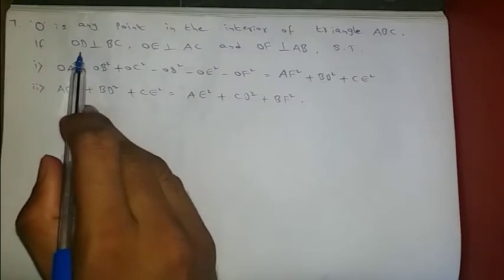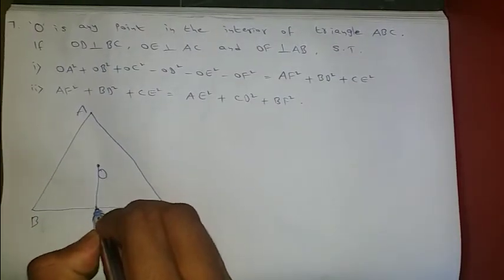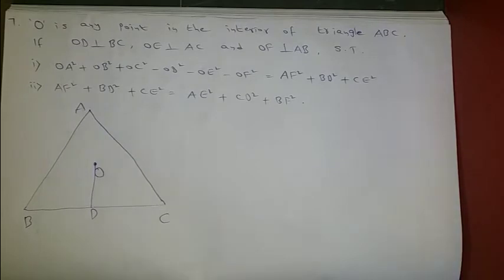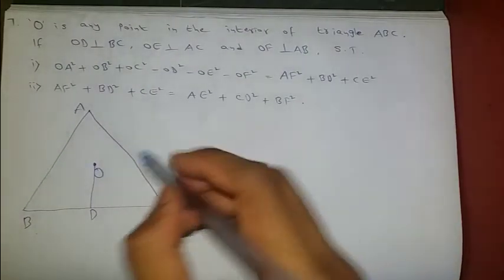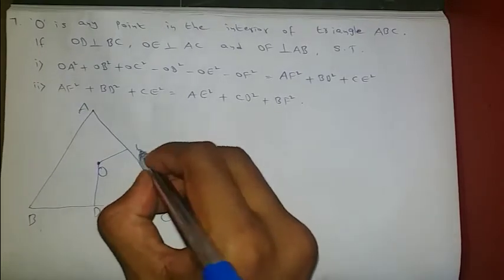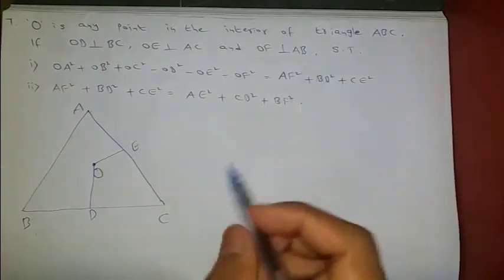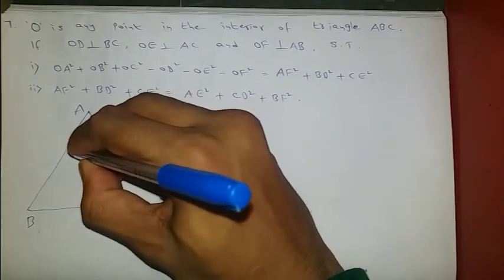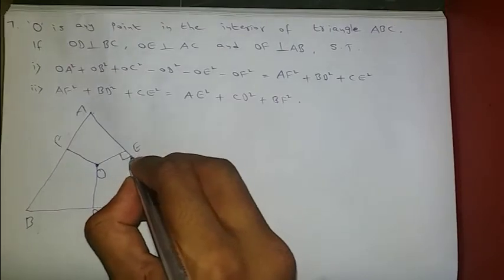Next, OD is perpendicular to BC. This is OD, which is perpendicular to BC. Next, OE is perpendicular to AC. OF perpendicular to AB. He clearly mentioned all these are perpendiculars.